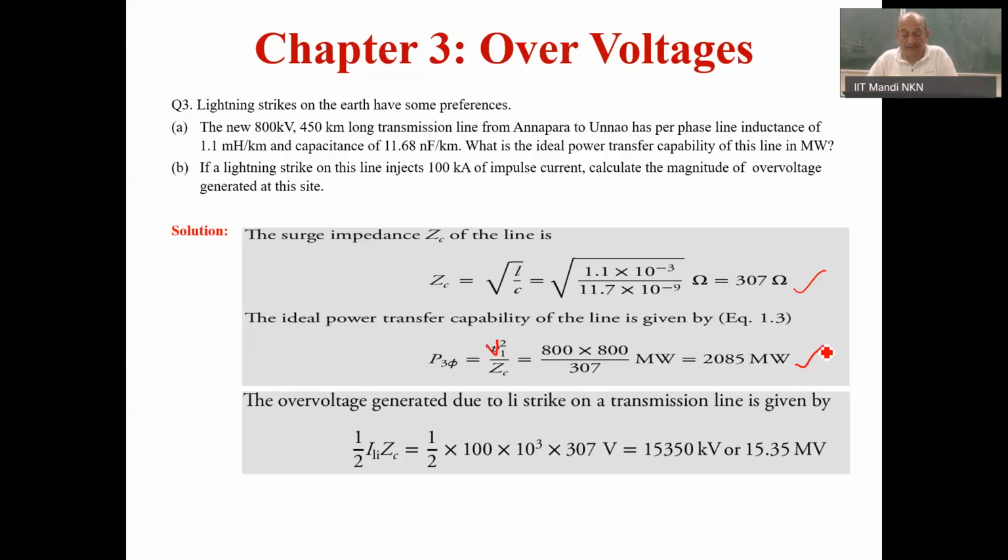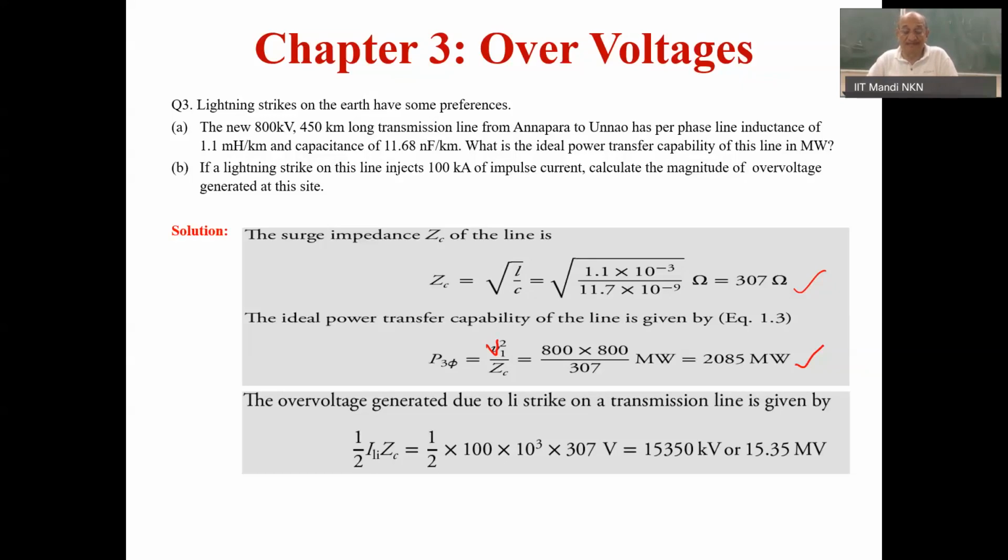So this power, 2085 megawatt. People have done wonders by compensating the line capacitance with the help of reactors, and by series capacitor compensation techniques. So many techniques have come up.